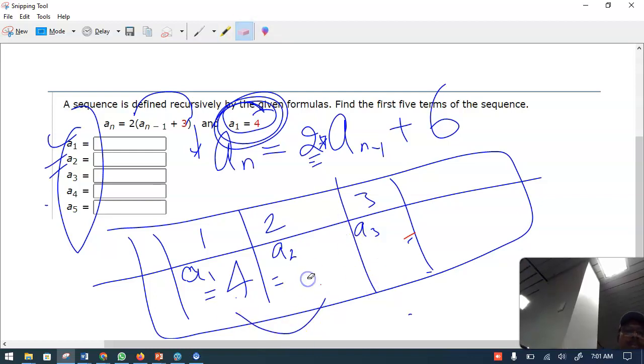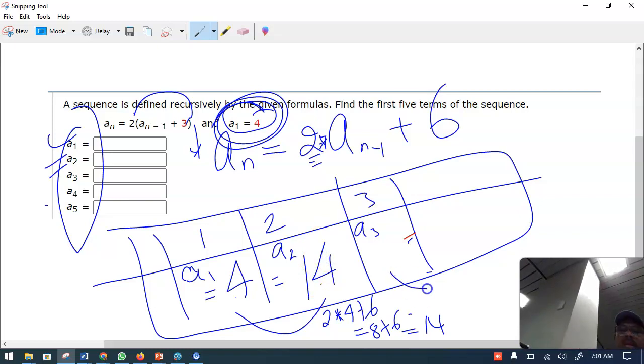So it is 2 times the 4 and then plus 6. So this is 14. And again you double the 14, A3.